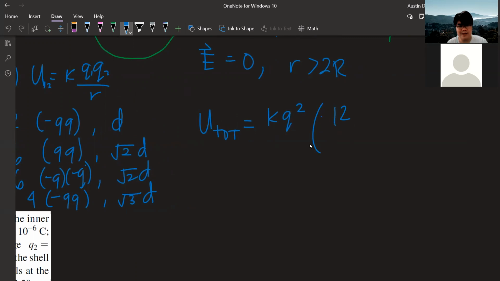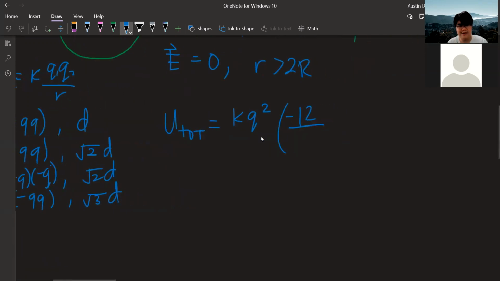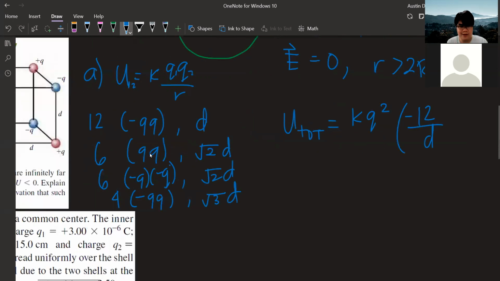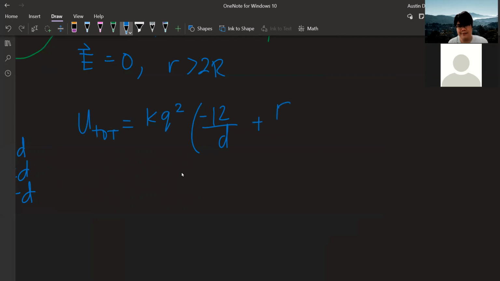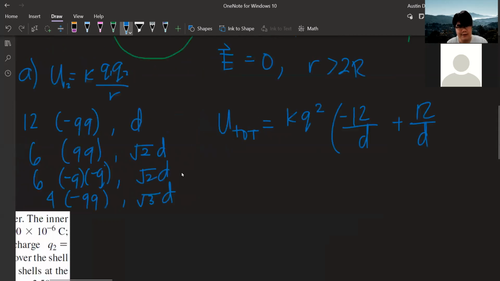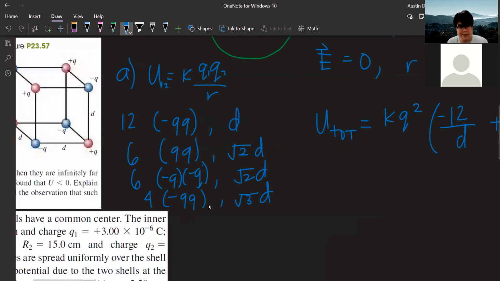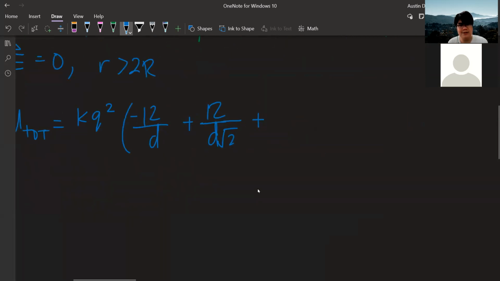So, 12 portions ng negative, kaya siya naging negative kasi mayroong excess negative, and then separated by a distance d. Next part would be positive lahat ito, so 12 pairs din siya, square root of 2 d. And another one would be 4 pairs of square root of 3 d, pero negative.